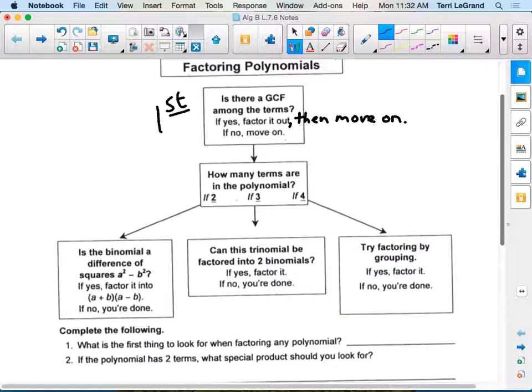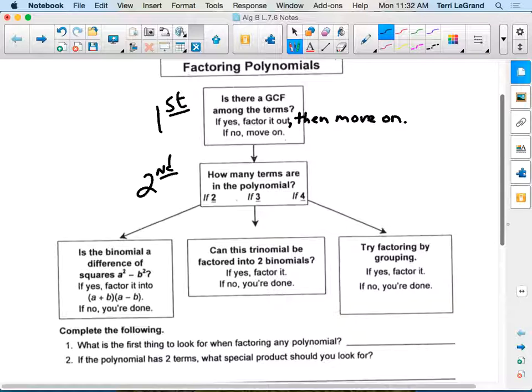And then next, the second thing you're going to do is look at what you have left, and say, how many terms are there in the polynomial? So let's say you're able to GCF. So you have this GCF monomial up front, and then in parentheses you have another polynomial. You're going to look at that polynomial and say, how many terms are in this polynomial?